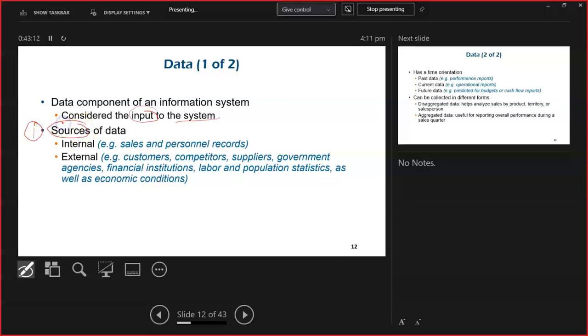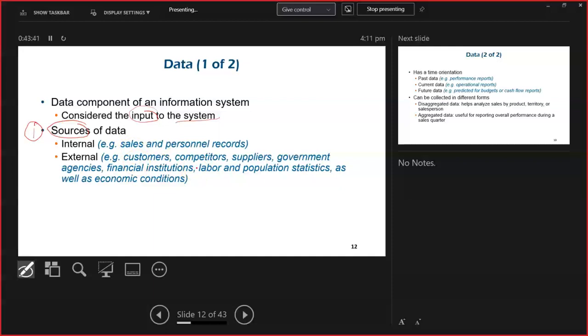we can see data by sources. Is it from your company or from outside the company? This is very easy. You can set a boundary for your company, and then you can define your data. If you say your company is your own staff only, you can have sales and personnel data, separated from customer, competitor, supplier, and government data.